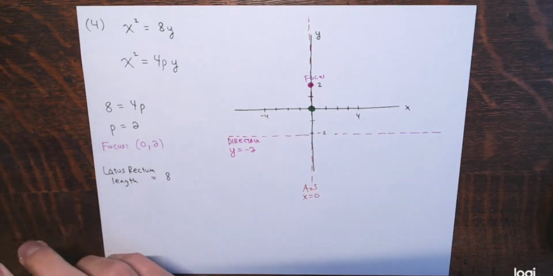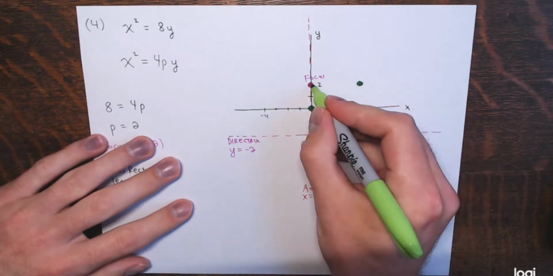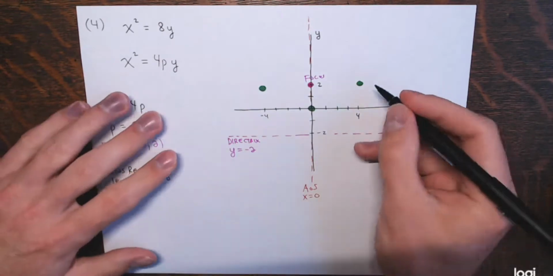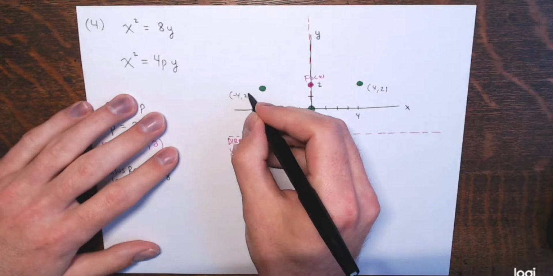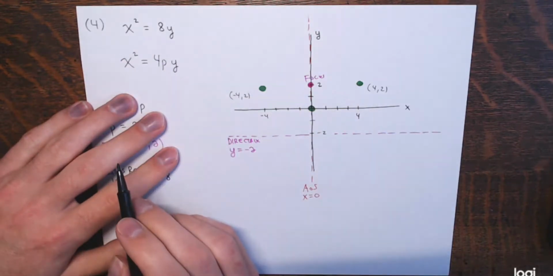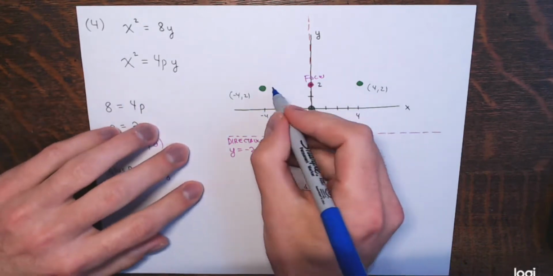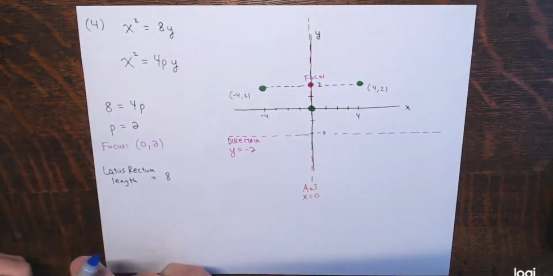And these will be actually points on the parabola. So focus 4 units right, focus 4 units left. And you can test these coordinates. One of them is 4, 2. The other one is negative 4, 2, right? If you were to plug these values in, you'd get 16 equals 16, which is true. Those are solutions. And here is, once again, the latus rectum, this segment here, that contains the focus and is parallel to the directrix, perpendicular to the axis of symmetry.